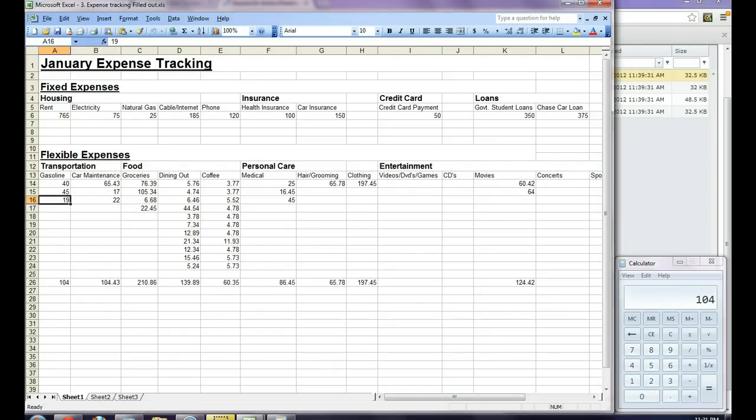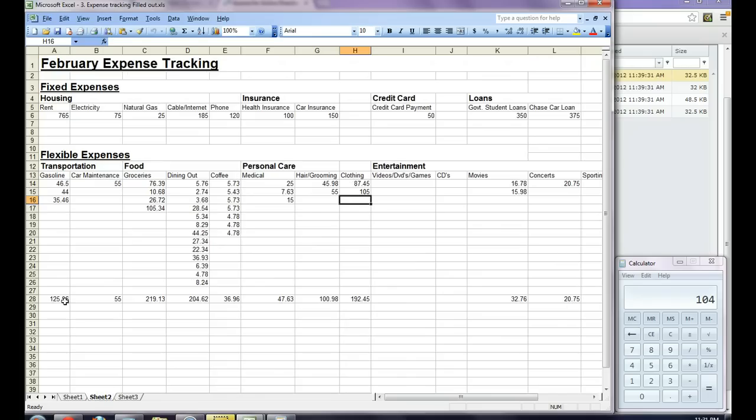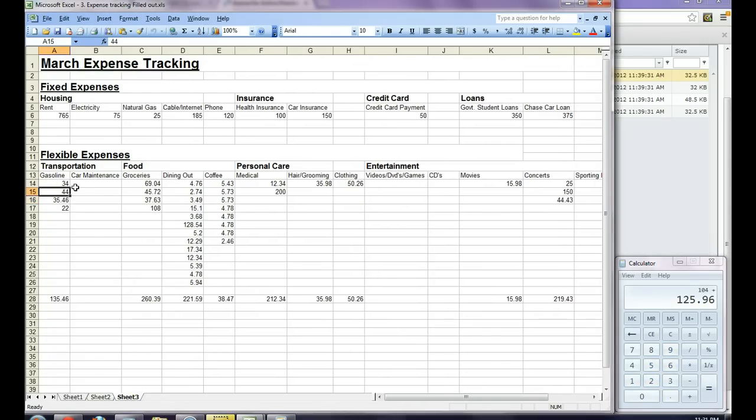Then we go to February, where we spend 125.96, so we add 125.96. And then in March, we spend 135.46, so we add 135.46. That gives us a total of $365 for spending over 3 months.